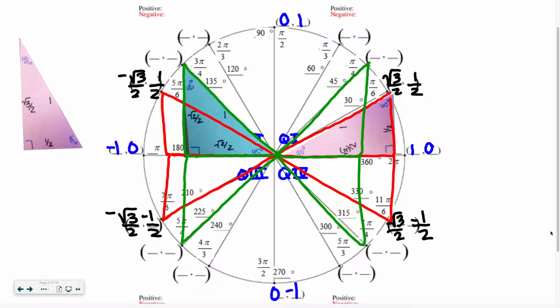As you're doing it, think about patterns. All students do. You got it.